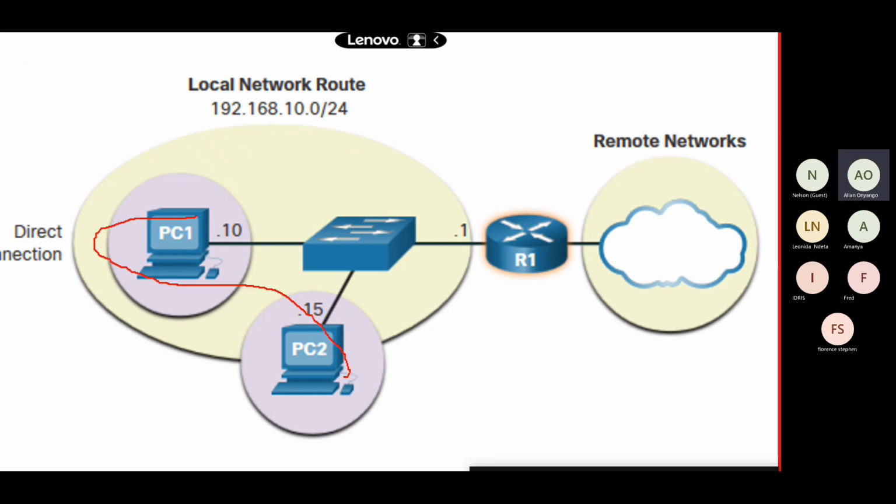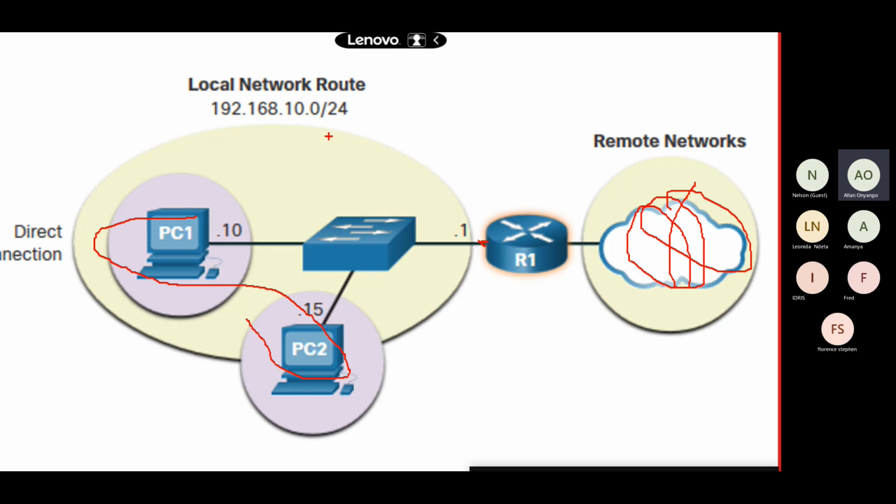Maybe there are these PCs here. This PC can communicate with this PC, PC2 here, PC1 can communicate with PC2 without the services of a router. But if PC1 wants to browse a server, a web server, Google, YouTube, Facebook, Twitter, within the internet, then it must have the IP address of this router here, which is going to be the default gateway of all the devices within this particular network.